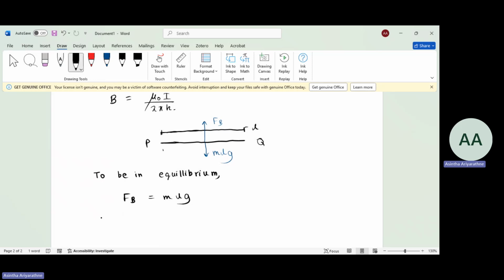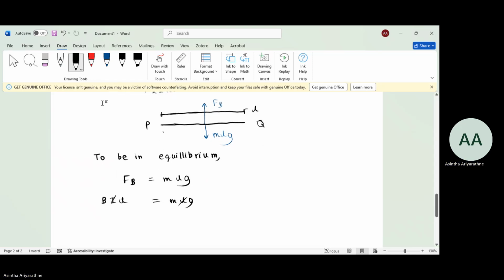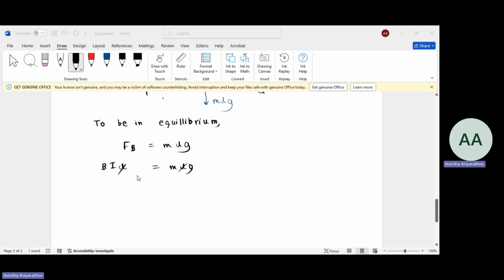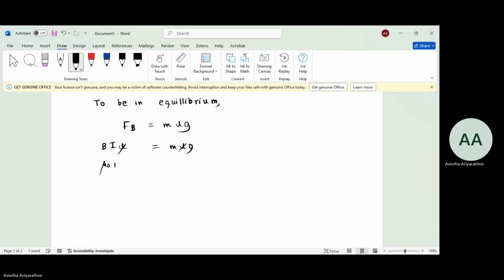Right. So FB is B I L equals M L g. L gets cancelled out. B we found as mu naught I over 2 pi H. So mu naught I squared over 2 pi H equals M g.